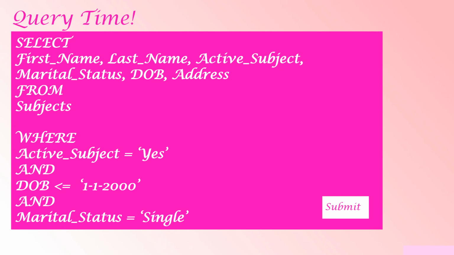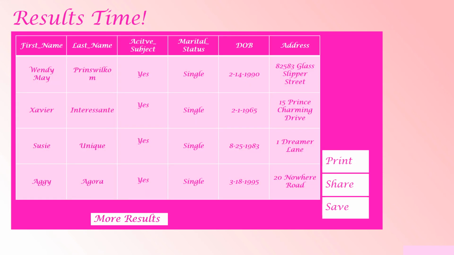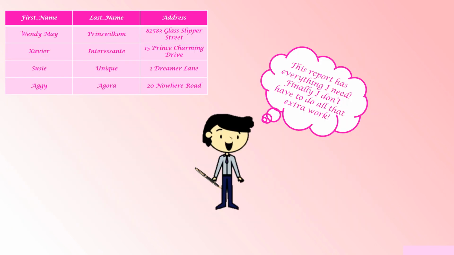Select first name, last name, active subject, marital status, DOB, address from subjects where active subject equals yes and DOB is less than or equal to 1/1/2000 and marital status equals single. Now our result set is a list of subjects that meet all three conditions. Charlie is a much happier camper.